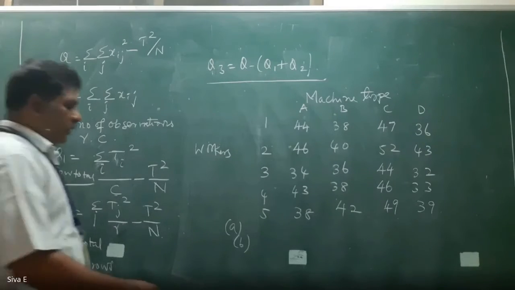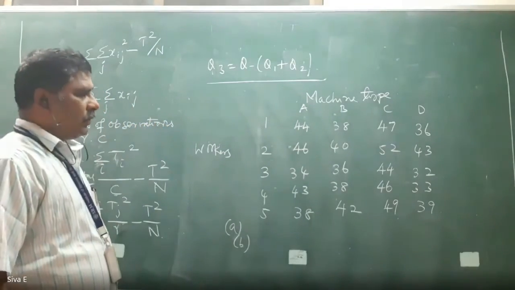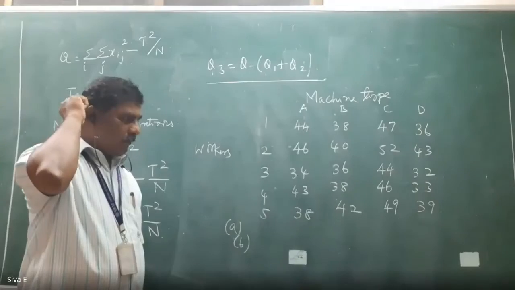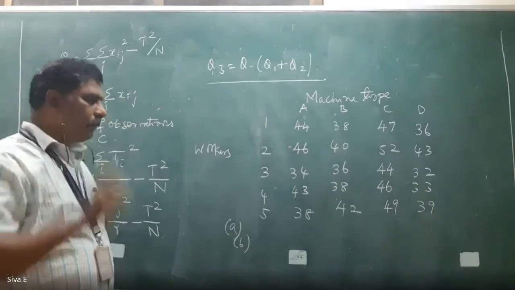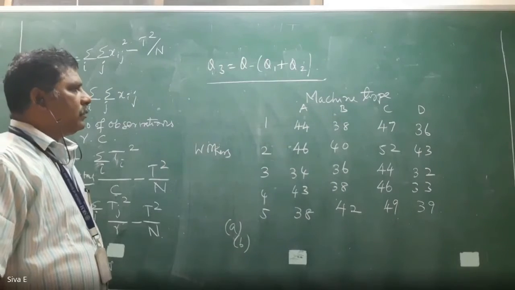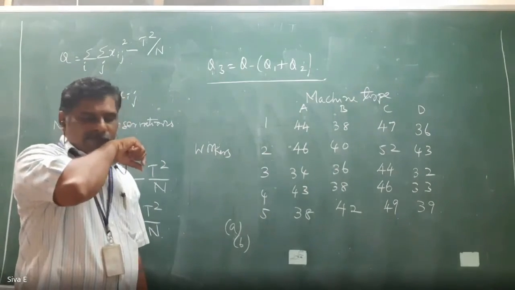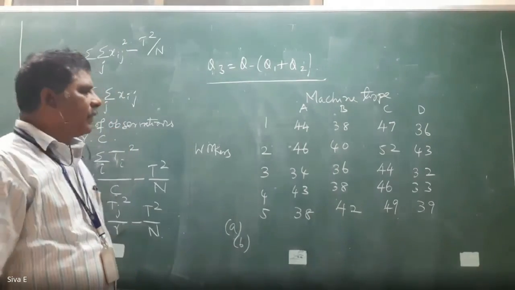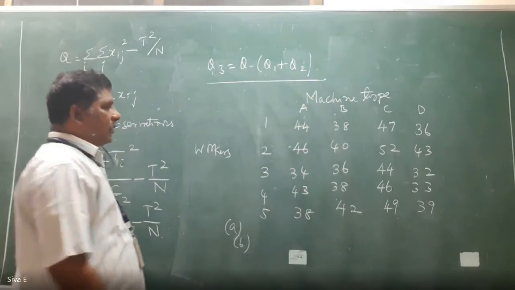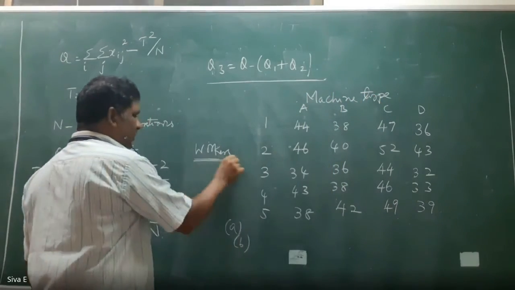Here we can see that two different factors are there. One is machine type, one more is workers.